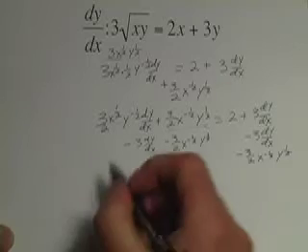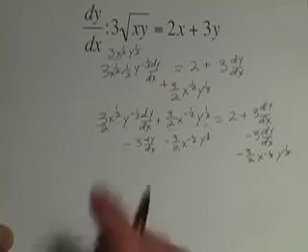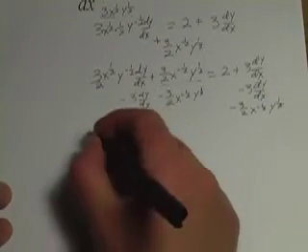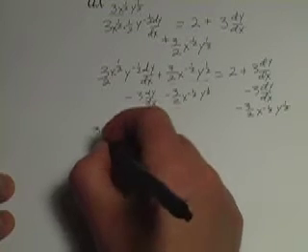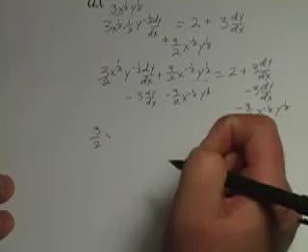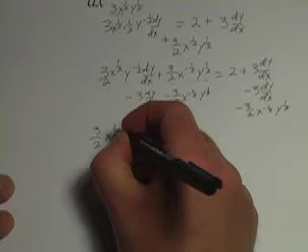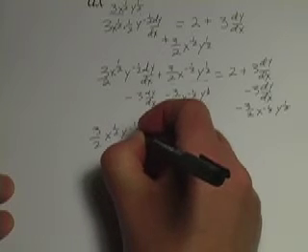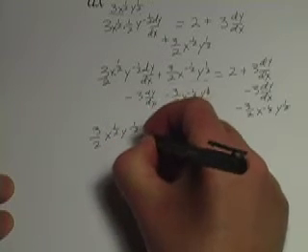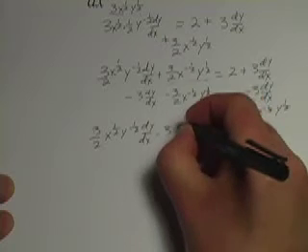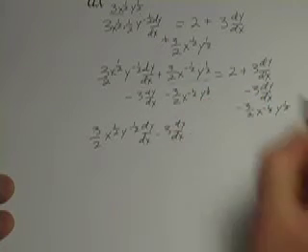Okay, once we've done all that, we're going to end up with 3/2 x to the 1/2 y to the negative 1/2 dy by dx minus 3 dy by dx on this side.